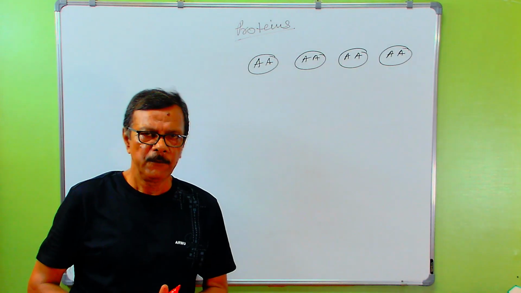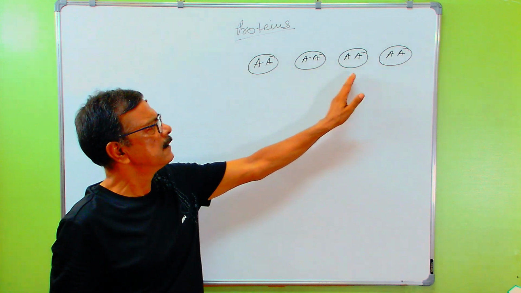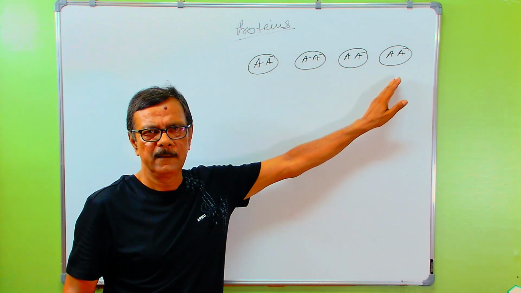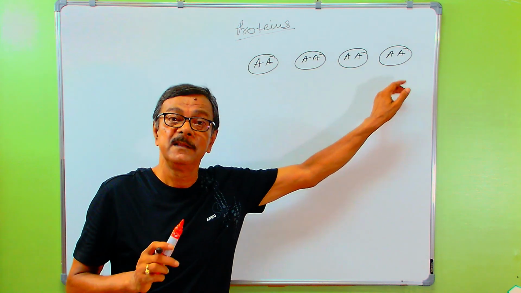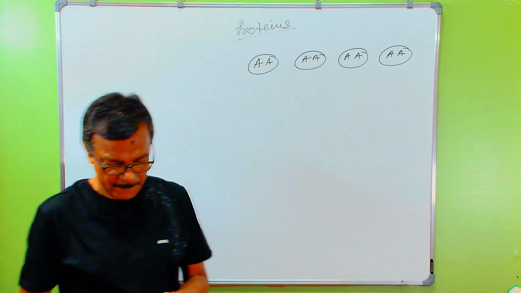Now, we know that proteins are made up of various amino acids in a definite sequence. Now, how do they join one with the other?